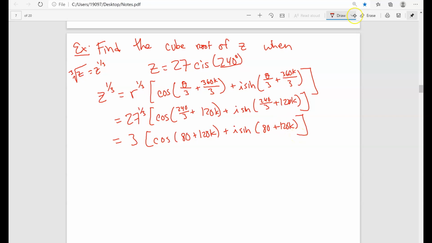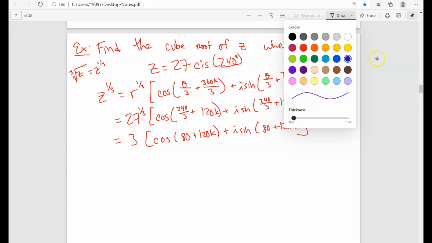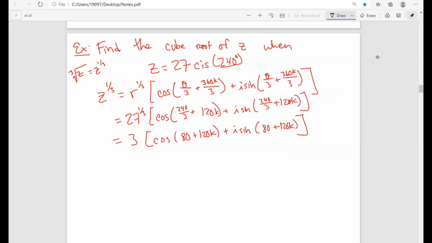All right, now this is not the answer because what you want to be able to do is go ahead and iterate the values of k. So remember, k goes from 0, 1, and then continues on until you finish at n minus 1. Well, n in this case is equal to 3 because that's the denominator of the root. So 3 minus 1 gives me 2, which means all the 3 solutions are going to be 0, 1, and 2.